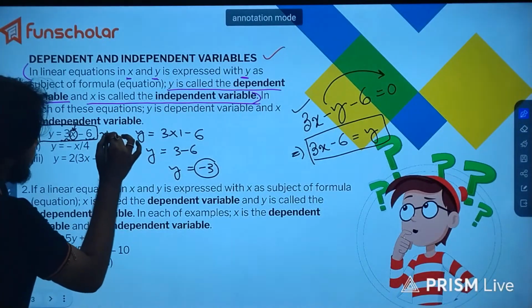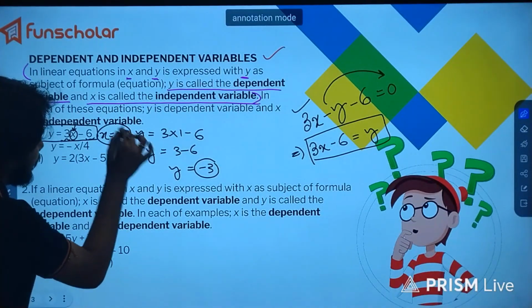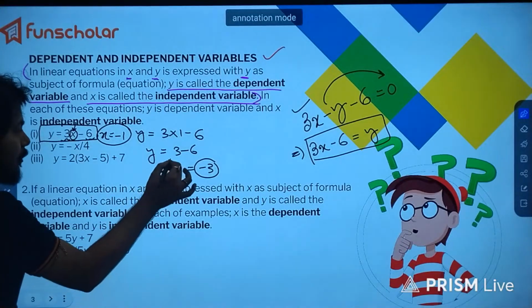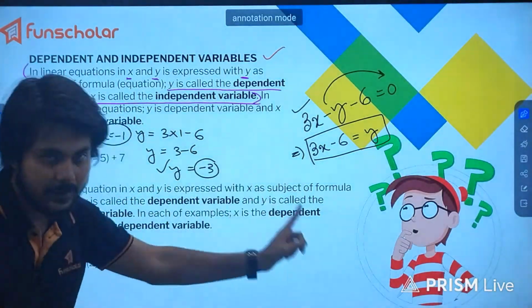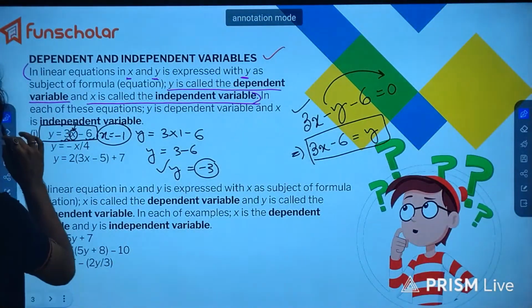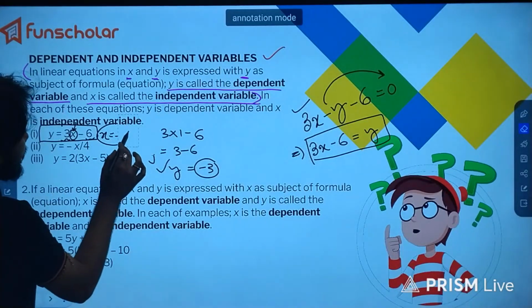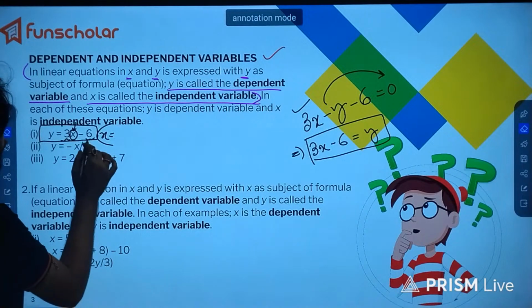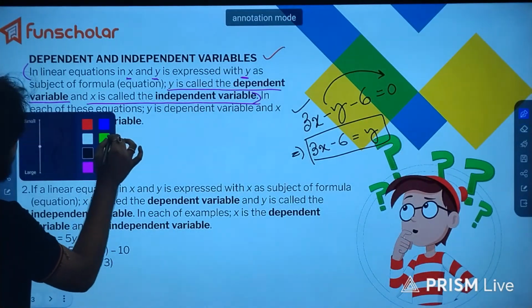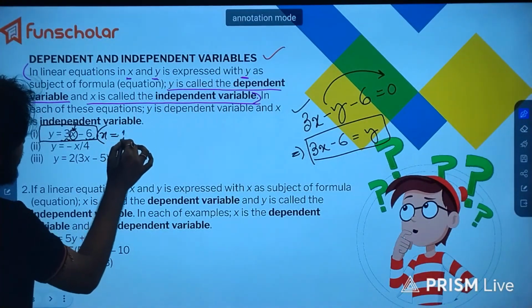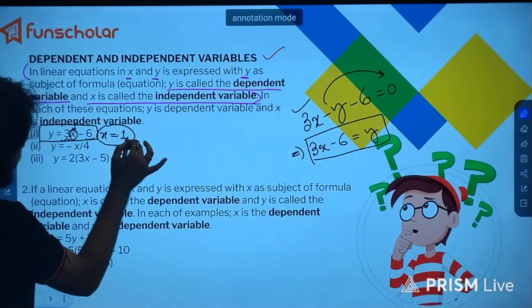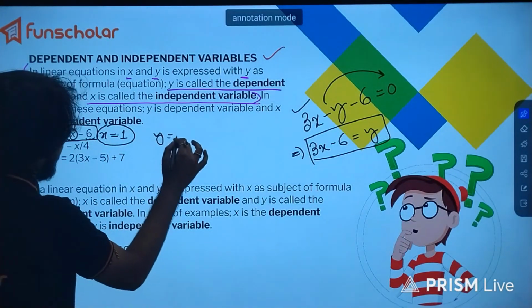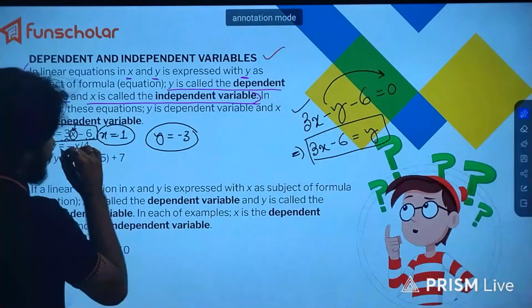If we take x as 1, sorry, that was my mistake, then y will be minus 3.